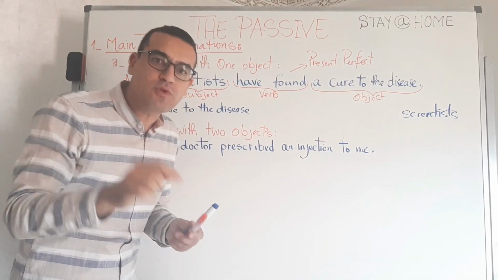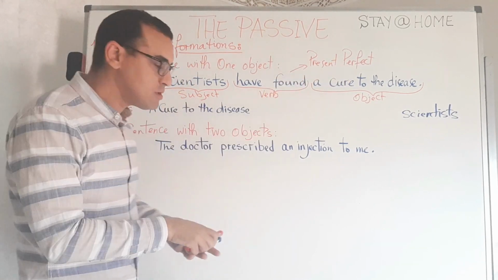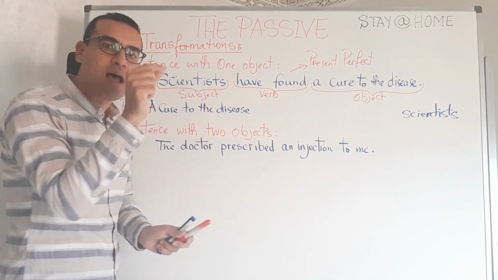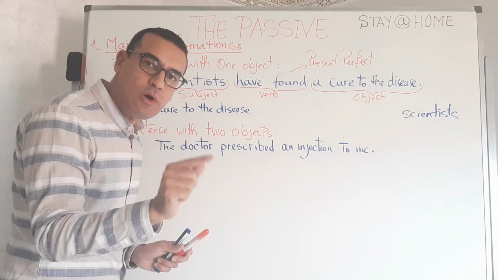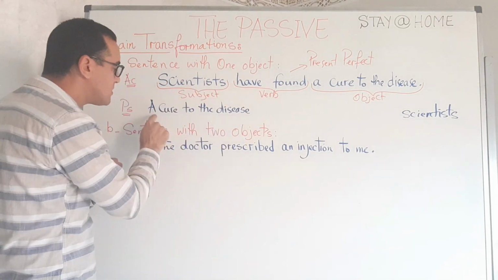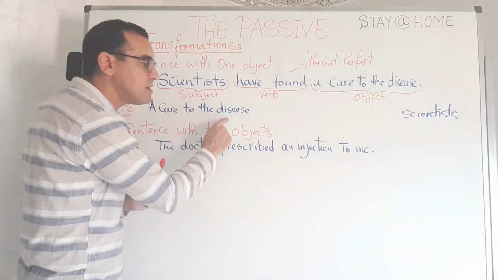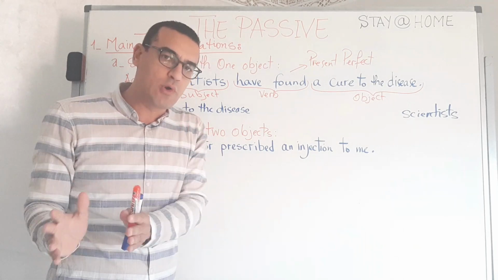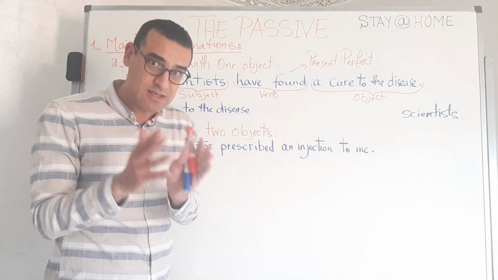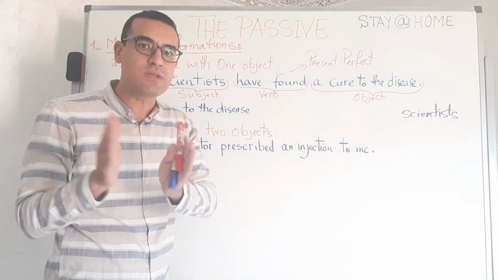We put the verb to be in the present perfect. So the verb to be in the present perfect is have been or has been. We should always go back to the subject here, a cure to the disease, and we decide whether it is singular or plural. If it's singular, we're going to use has been. If it's plural, we're going to use have been.